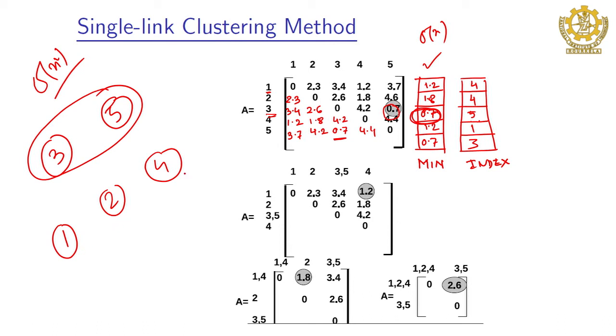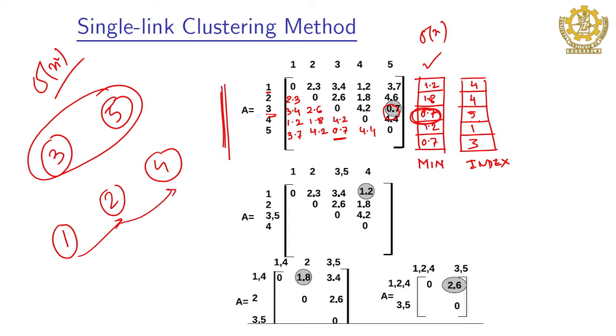Other clusters' distance from the other clusters, there is no change. So, therefore, in this distance matrix there is no need to change any row apart from rows 3 and 5 or columns 3 and 5. Please understand. So, when we merge 3 and 5, there is no change of the distance from 1 to 2. Obviously, there will be a change of the distance from 3 5 to 1 or 3 5 to 2 or 3 5 to 4, that we will take care of, but there is no change of the distance from 1 to 2 or 2 to 4.